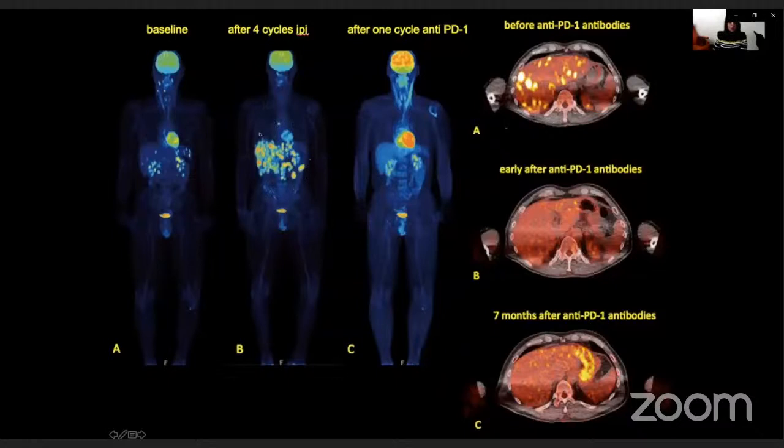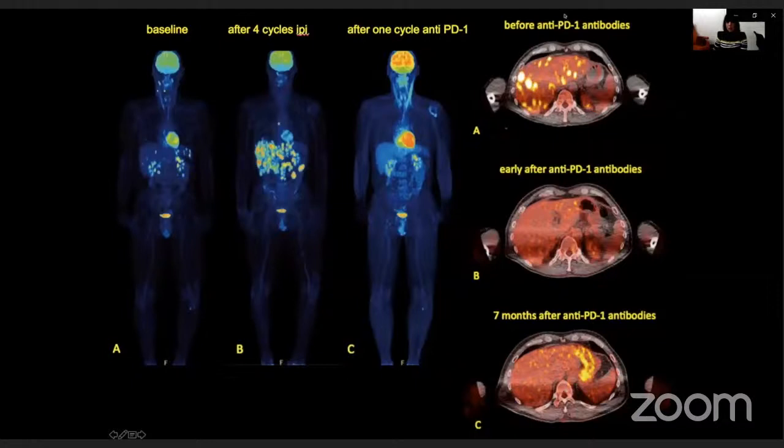So the oncologist thought that it's a good idea to stop the therapy and to use pembrolizumab, which was just approved at that time. And interestingly, when the patient got the pembrolizumab, even after 1 cycle, all metastases disappeared. So this was a very nice complete remission.